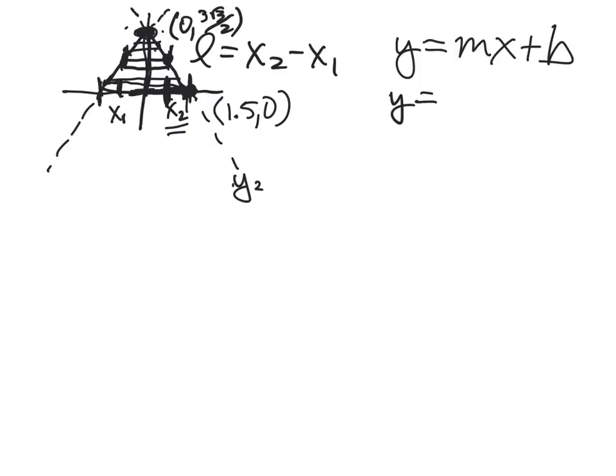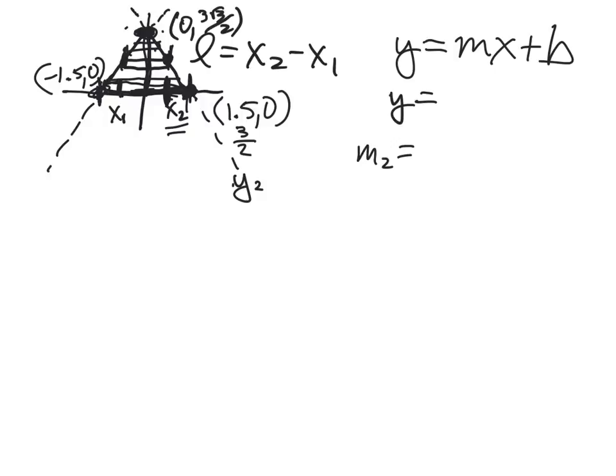Remember, the whole side is 3, but from 0 being halfway through the triangle, the other one will be negative 1.5. Okay, so that will actually help us find the slope, and we may want to go ahead and write that as 3/2 instead of 1.5.